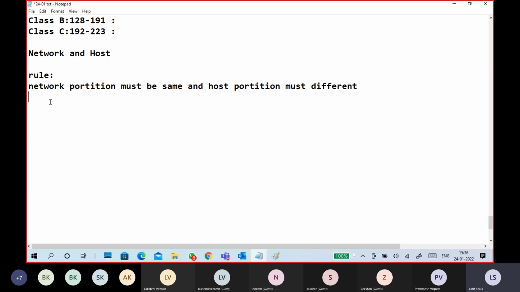Then two devices will communicate with each other.